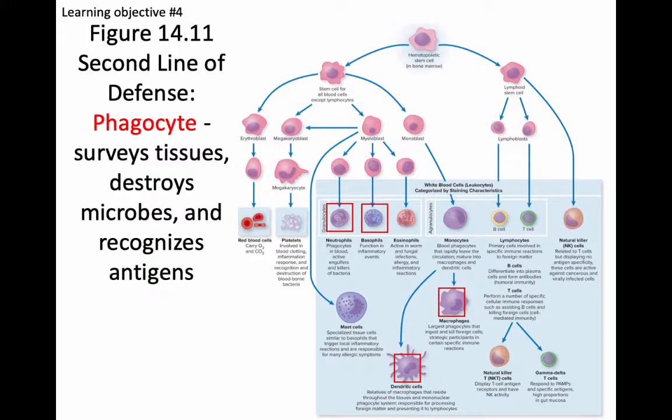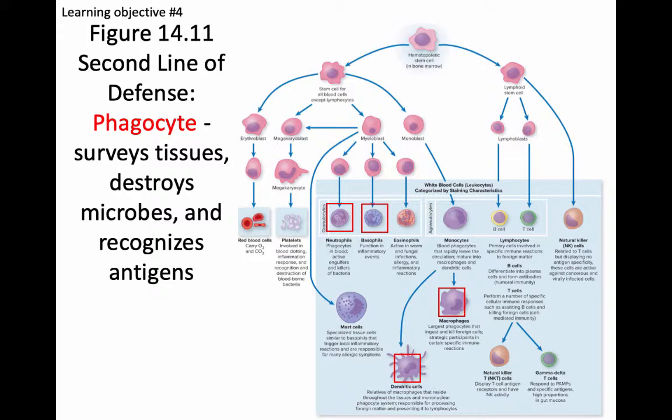In this very complicated figure from your book, it's showing you that all of these cell types that are important in the immune system are derived from stem cells. I've put boxes around the ones we're focused on in the second line of defense: the neutrophils, the basophils, the macrophages, and the dendritic cells, because these are all cells that are called phagocytes.